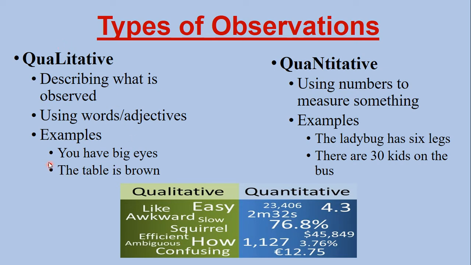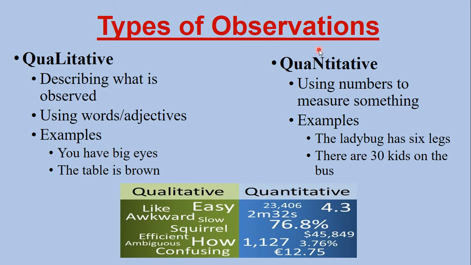Right? So examples are like you have big eyes, big being an adjective, or the table is brown. Brown talks about the table, so it's an adjective as well. Or awkward, colors, stuff like that. You can see some examples down here. Bubbling.